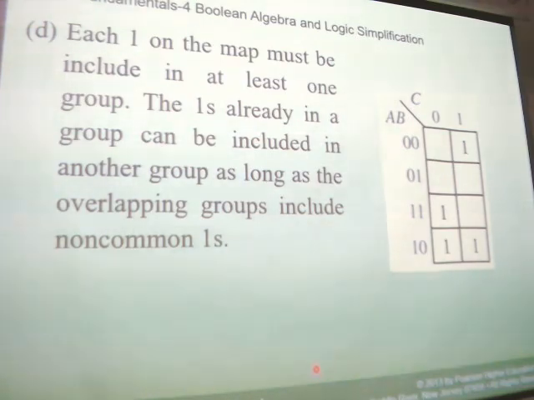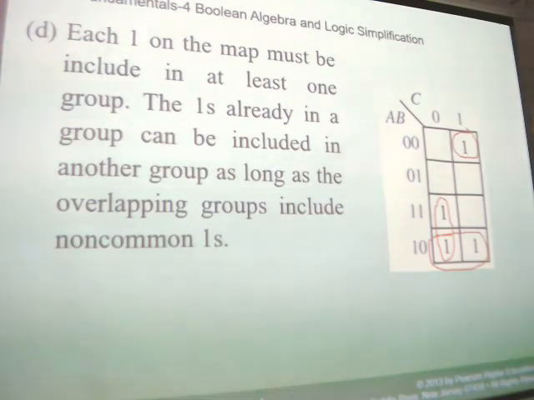Which 3? Do you mean that these 2 ones are in one group, and these 2 ones are in one group? Yes. So there are 3 groups.